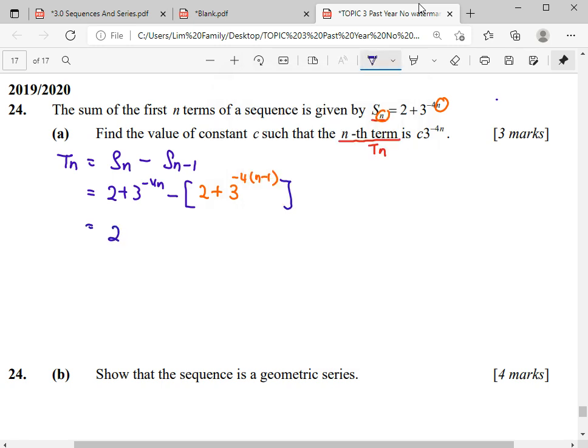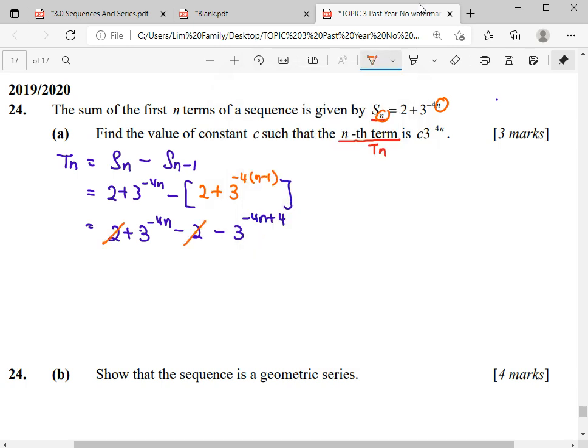Okay, so what can we do? We expand the negative, becoming minus 2, minus 3 to the power of negative 4n plus 4. Then 2 minus 2, we notice we can simplify here.